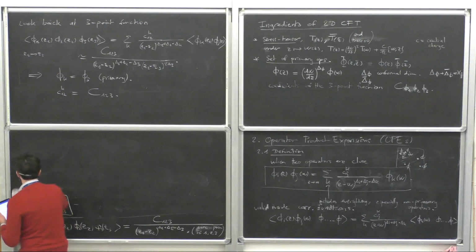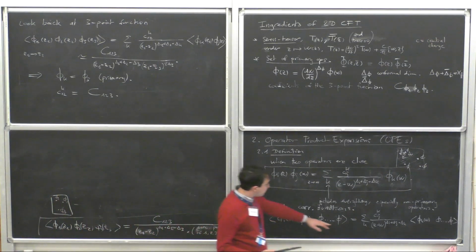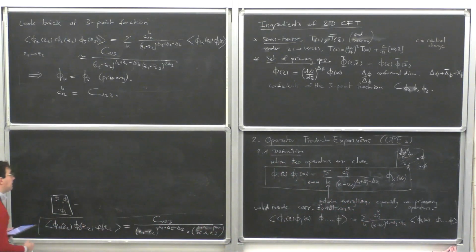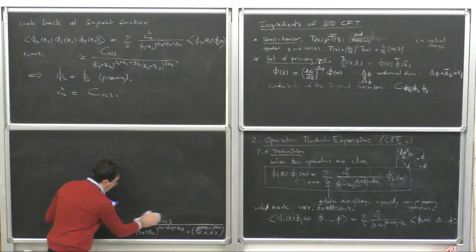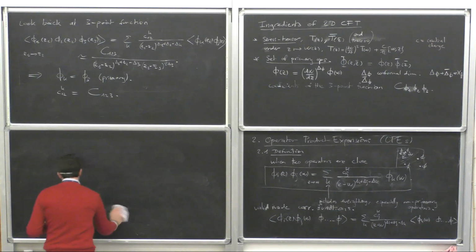At this point we understand what these terms are when phi_k is a primary operator. We don't yet understand what they are when they are not primary operators. And this is a bit more complicated, so I will not do it.